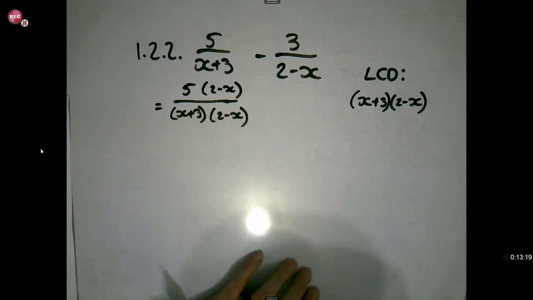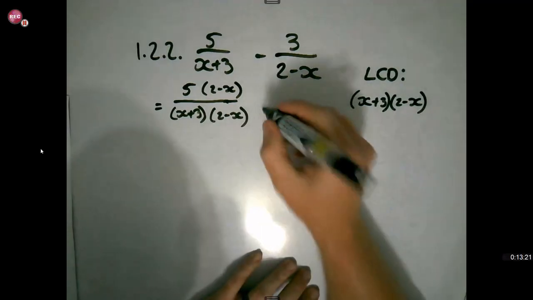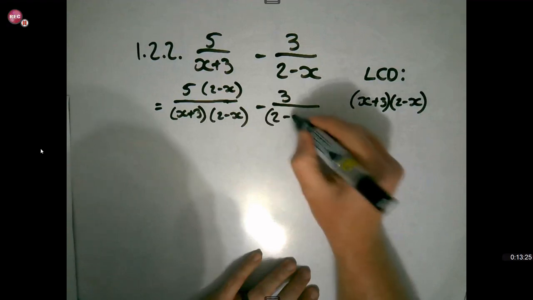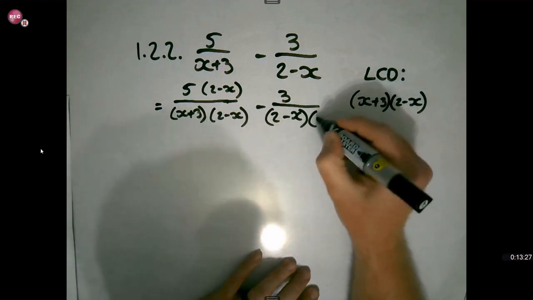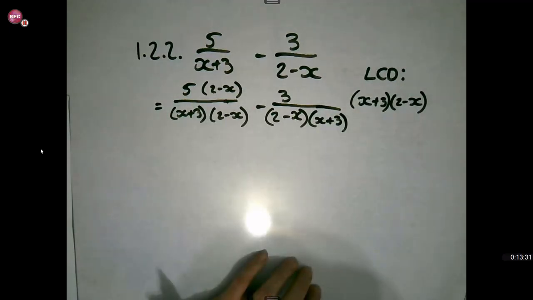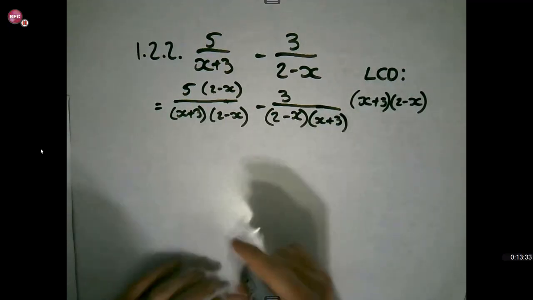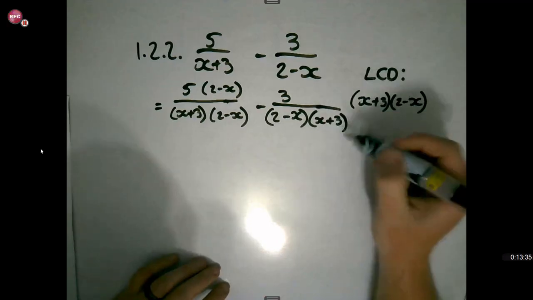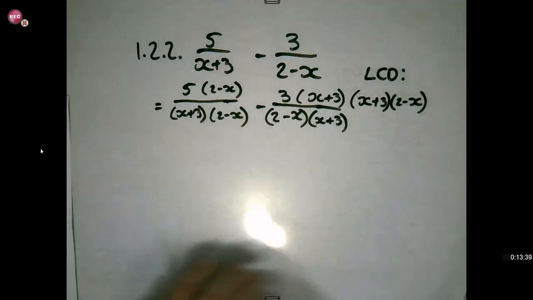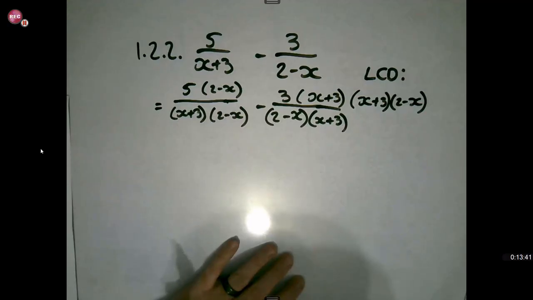There we go. And then with this, I've got the negative 3 with the 2 minus x. And then x plus 3 is what I still need at the bottom here. Okay? So, whatever I multiplied with here, I need to multiply at the top with as well. And now we'll take it from there.